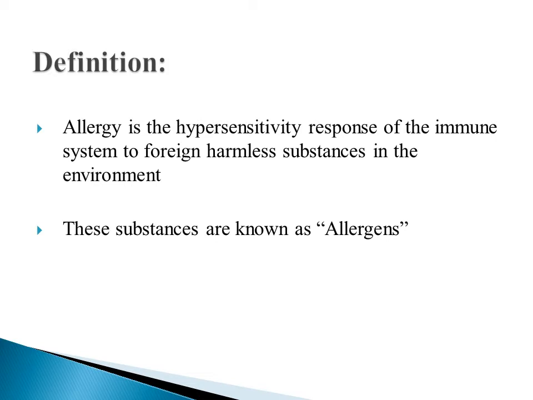However, in some people the immune cells are hypersensitive, so they are active against foreign substances which are harmless and do not cause any harm to the body. These harmless substances are called allergens. In this case, when the immune system becomes active against these harmless substances, an allergic reaction is produced, which leads to several signs and symptoms of allergy.